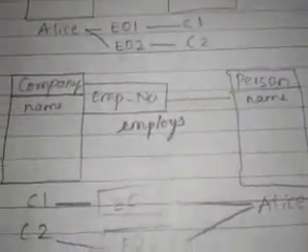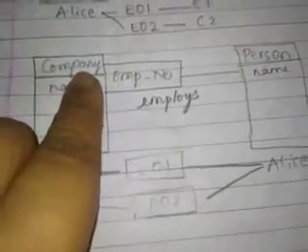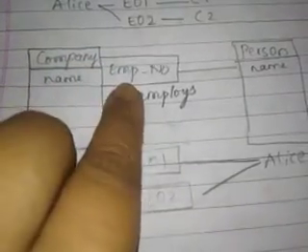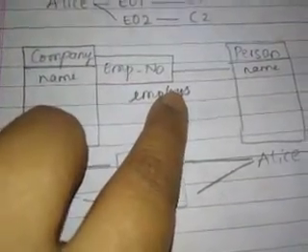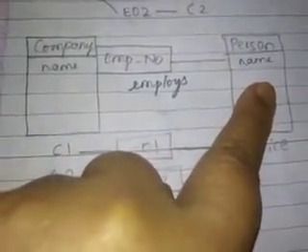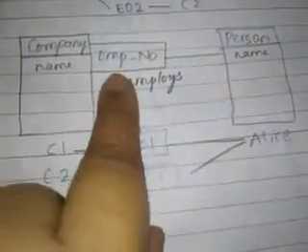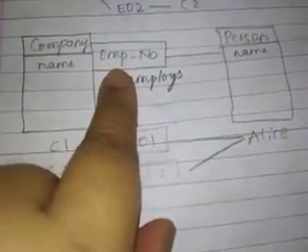So better that I model it as company qualified with the employment number, which is connected to the person. Now look here, company employs person. This association is now being qualified with a qualifier, employee number.